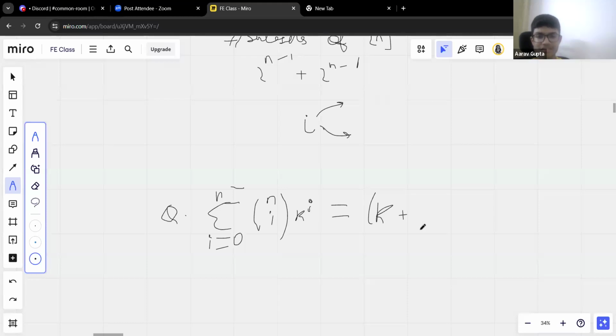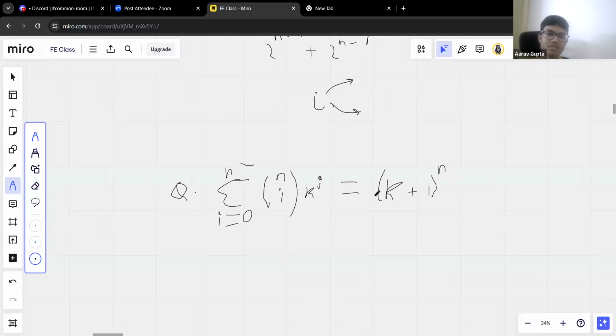Which set? Yes. So could anyone prove this?